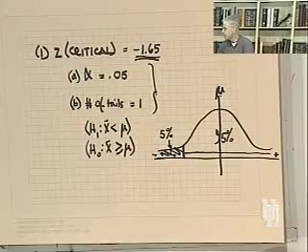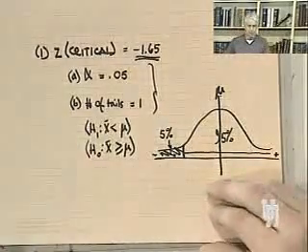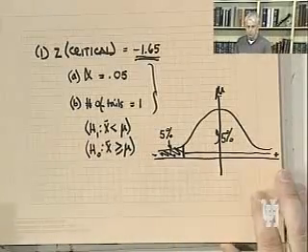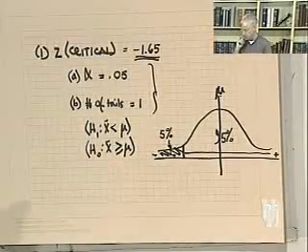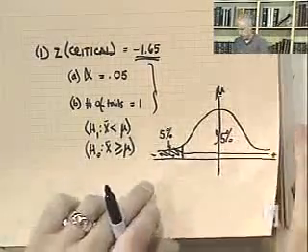And in the exam, I don't think anybody's going to stand up and volunteer that the critical Z value in question 1 is minus 1.65. So you might want to learn how to work your way through this.